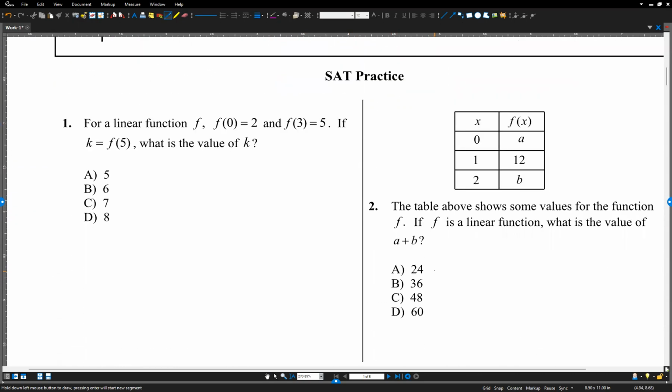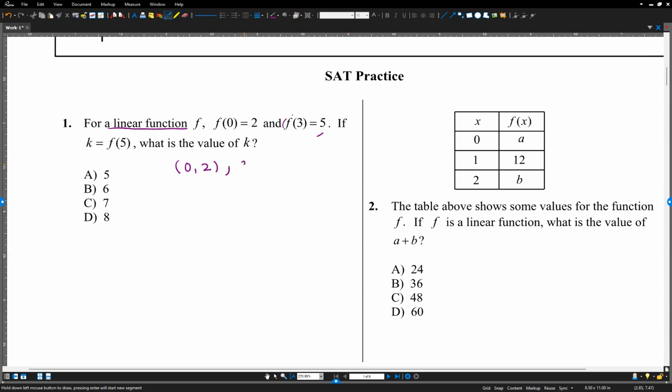Number 1, linear functions. f of 0 is 2, what does that mean? That is the point when x equals 0, y is 2. The second one: when x is 3, y is 5. That's another point.